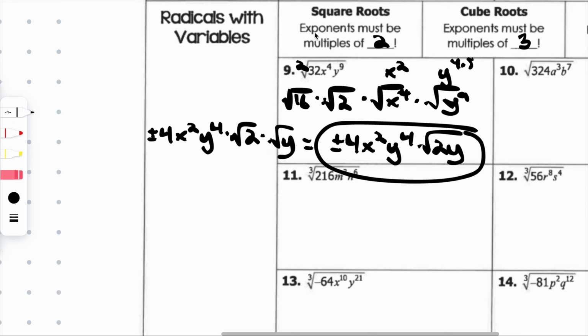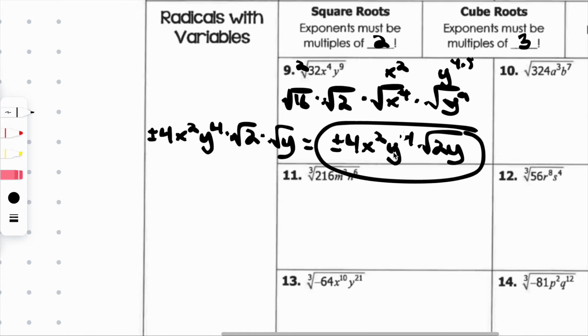What you want to think about then is for these variables, how many times can 2 go into our exponent 9, the greatest amount, without going over? Well, it would go in 4 times, and we'd have 1 left over.